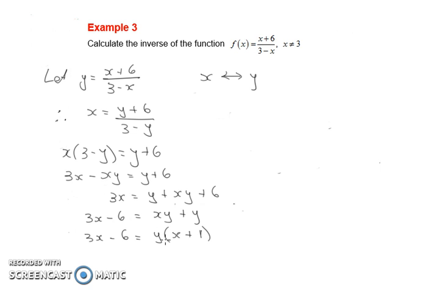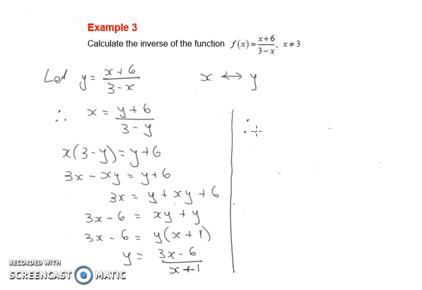Because now you can see we've just got a single y here, which is what we want. And so we're going to divide both sides by x plus 1, because it's y times the x plus 1 in brackets. So if I divide both sides by x plus 1, we'll end up with y equals 3x minus 6 over x plus 1. And that is actually the rule for our inverse.